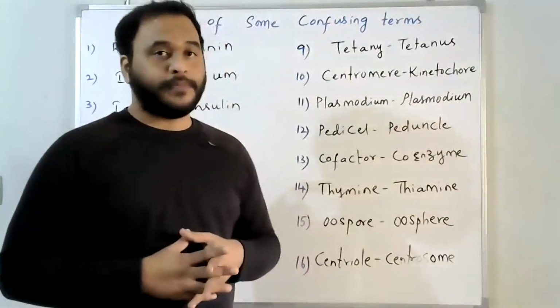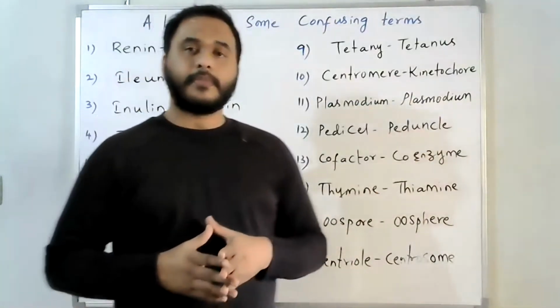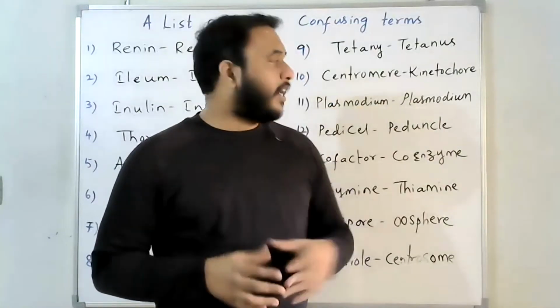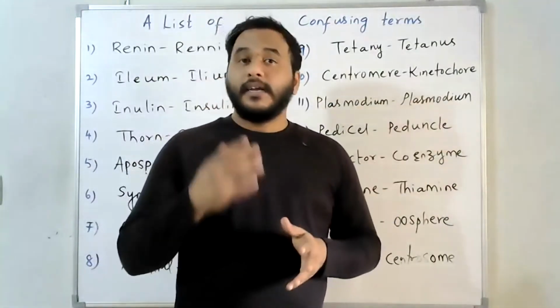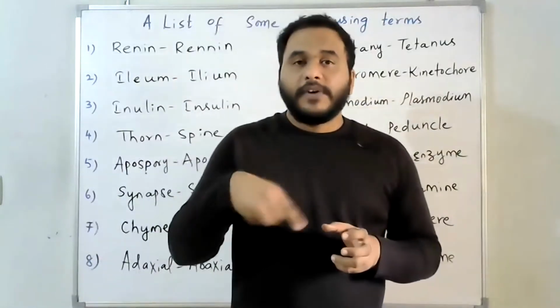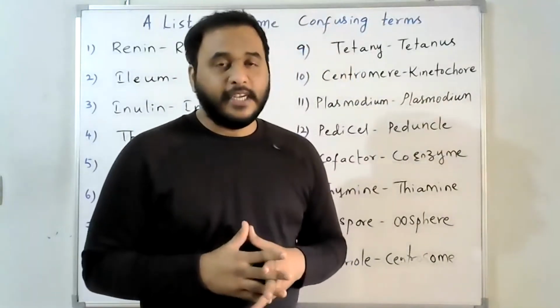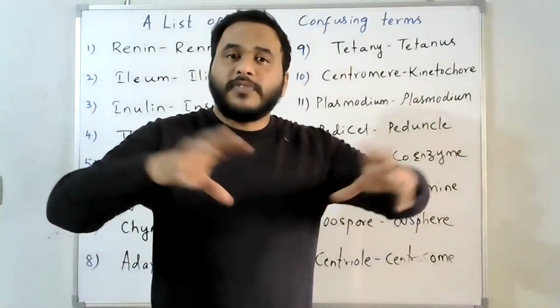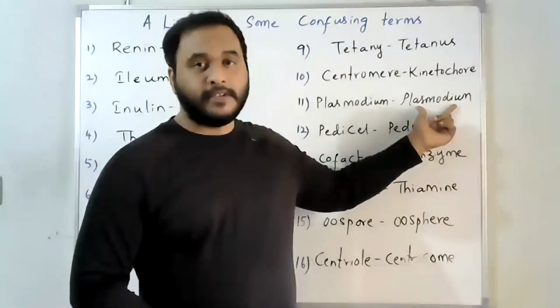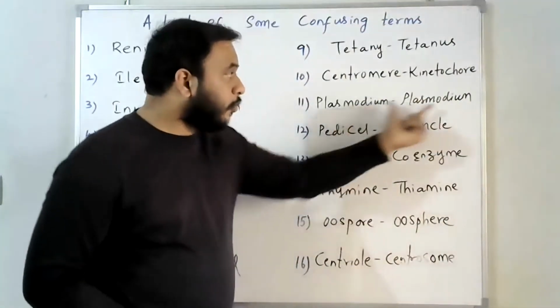Next, coming to this other Plasmodium, it is a saprophytic protist. We call it slime molds. Whenever favorable conditions exist, the slime molds form a large gathering, which forms into a Plasmodium. So these two are different.